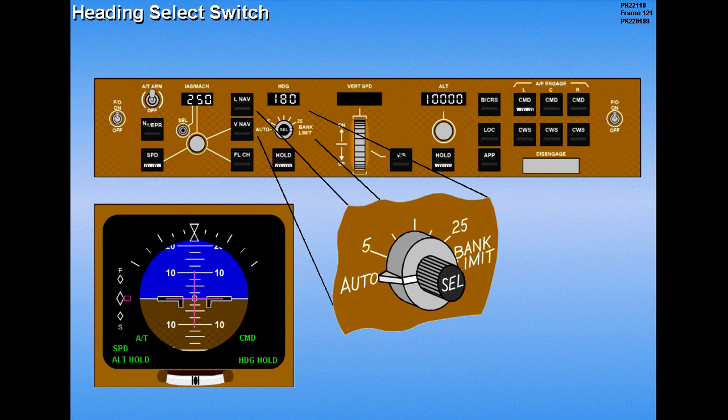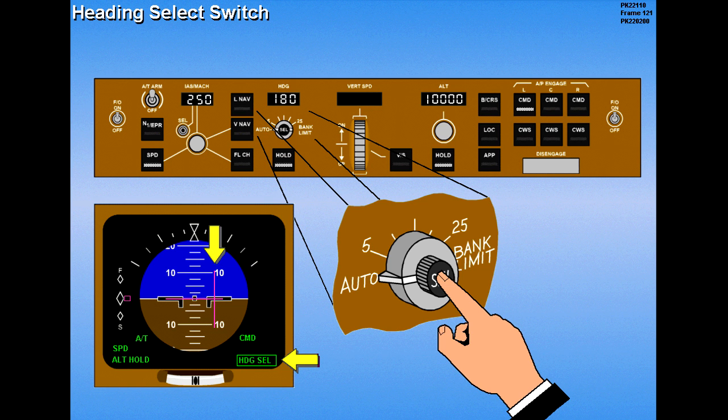A heading select switch is incorporated in the heading selector. Pressing the switch selects the heading select mode for engagement, which commands an immediate turn in the nearest direction to the selected heading.